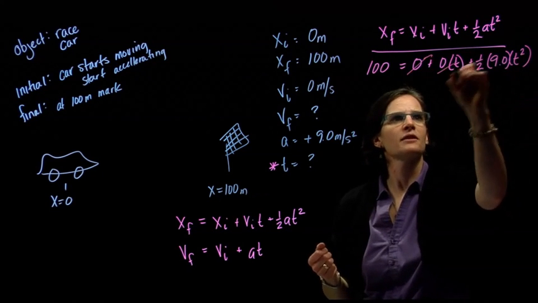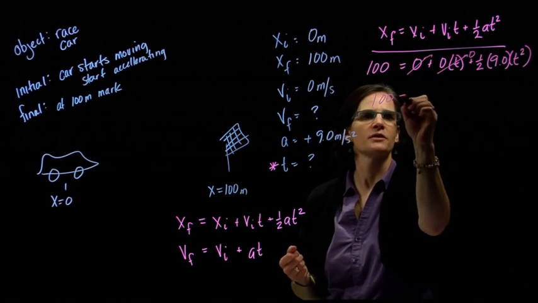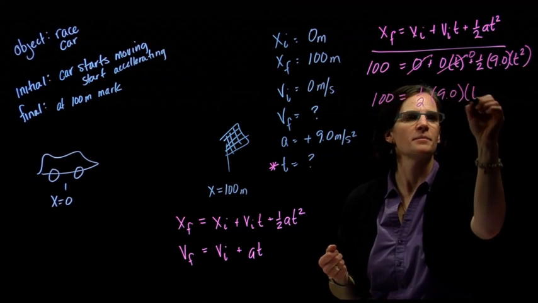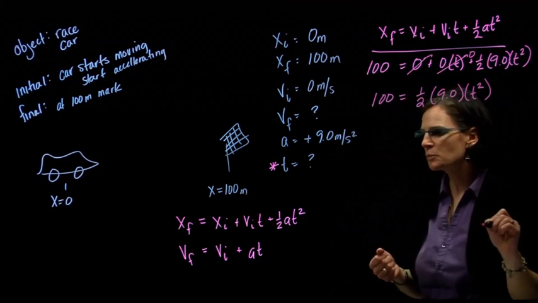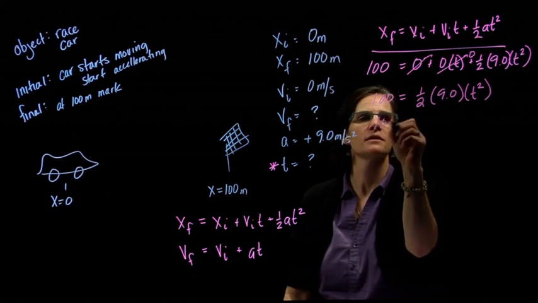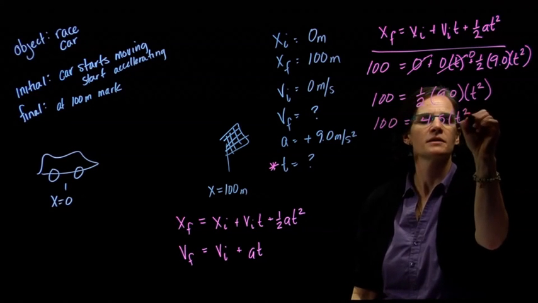So that goes away, and 0 times anything just becomes 0, and I'm left with 100 equals 1/2 times 9 times time squared. Just to practice that algebra, 1/2 of 9 is 4.5 times time squared.